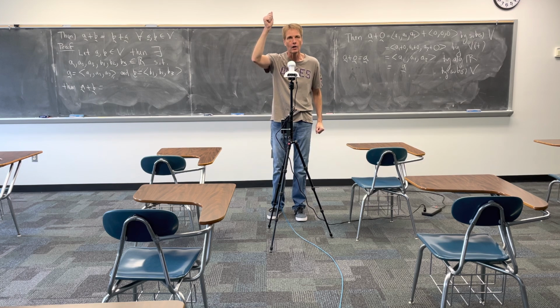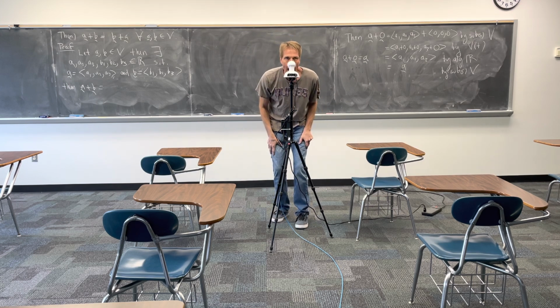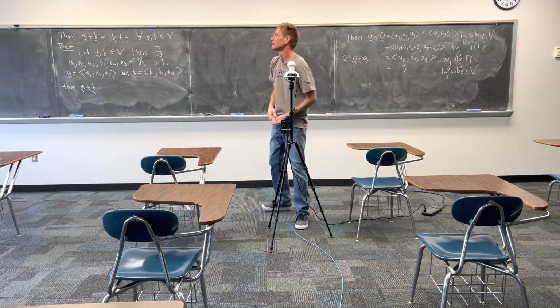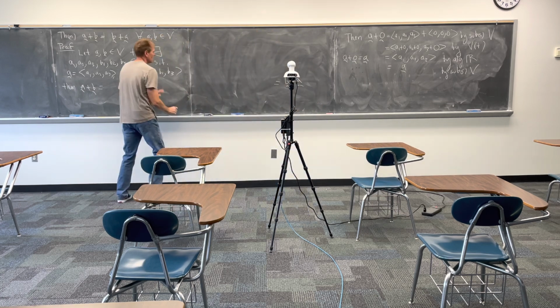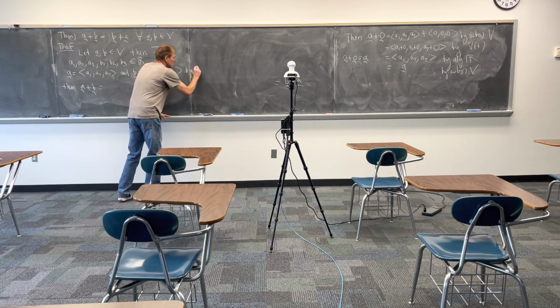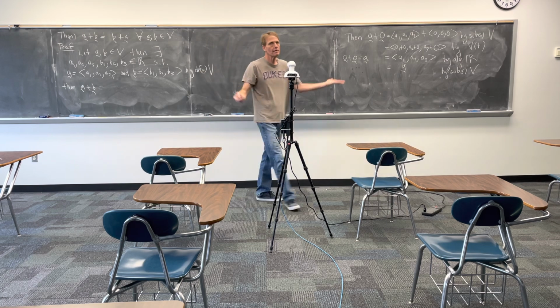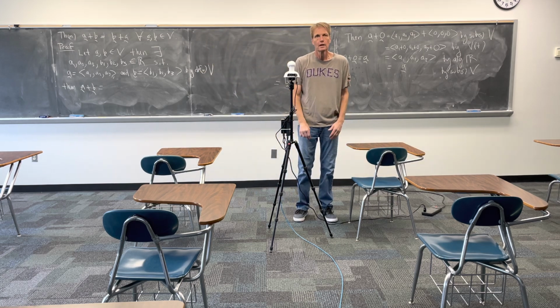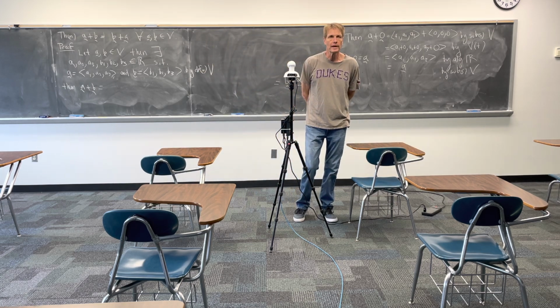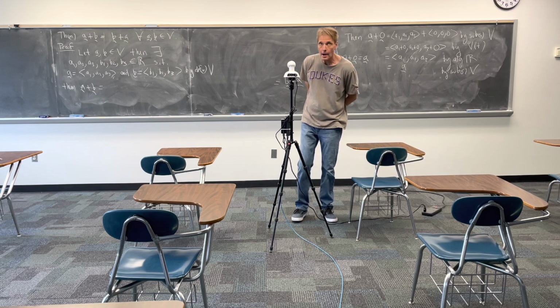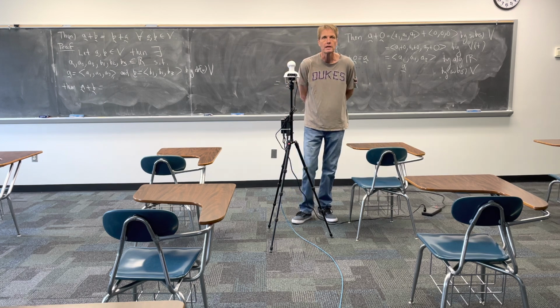This is a major red card. Go, why? Ask why. Ah, shoot, I forgot. By definition of my vector space. That's why those real numbers exist. It's the way we define my vector space, by definition of V.